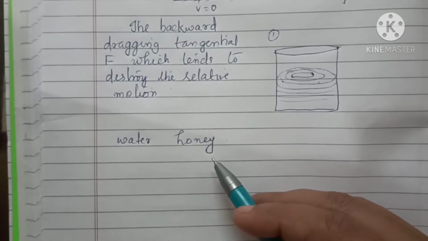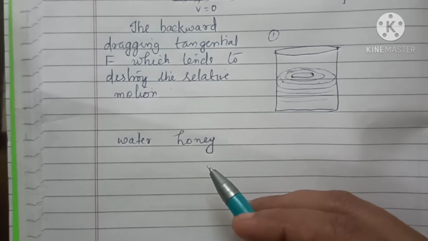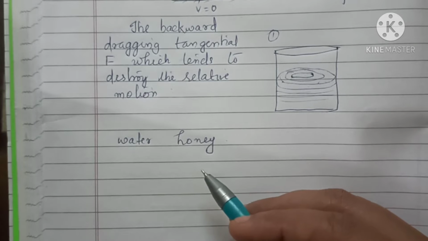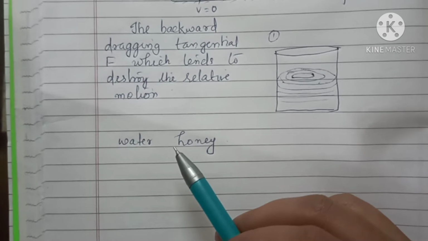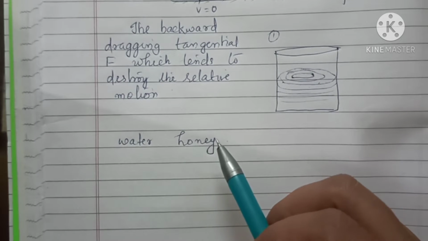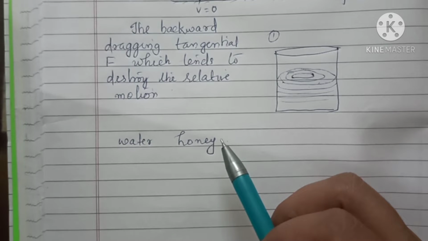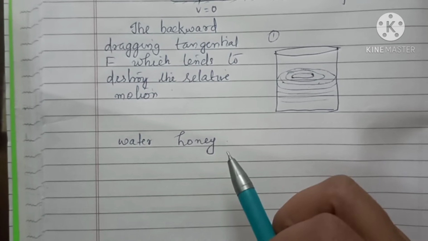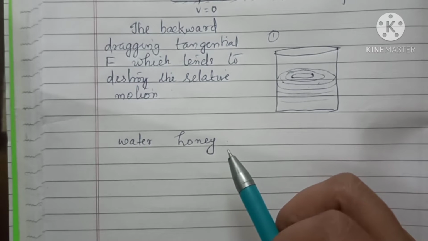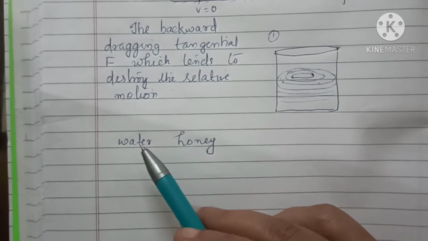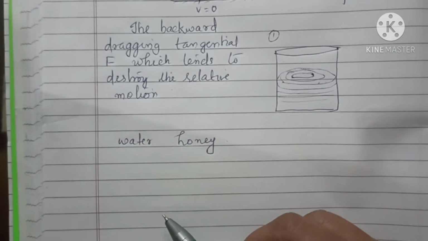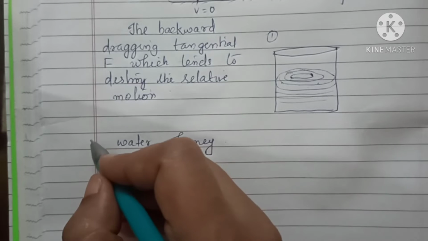Honey has more viscous force. That is why there is a backward drag. Backward dragging force is more than water. Every fluid has a viscosity, but some fluids are more viscous. Okay, honey, then glycerin, like that. They are having viscosity higher than water. So their motion will be slow when compared to that of water. Understand? That is also one of the examples.